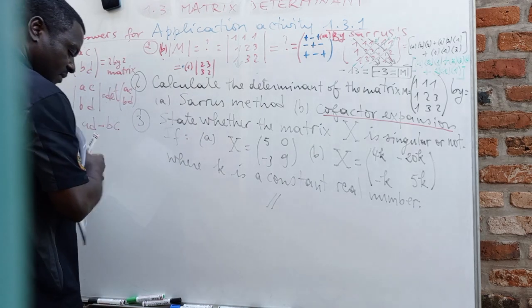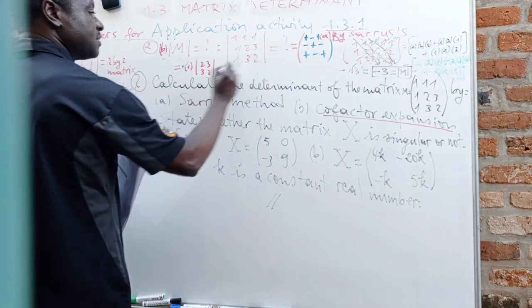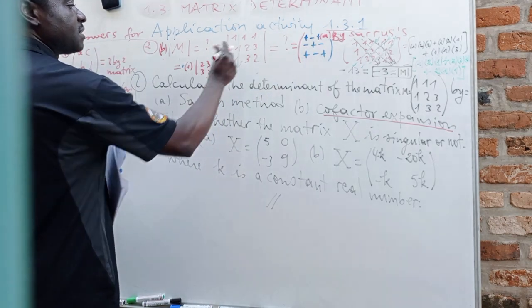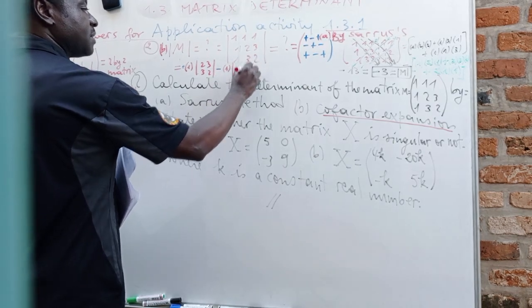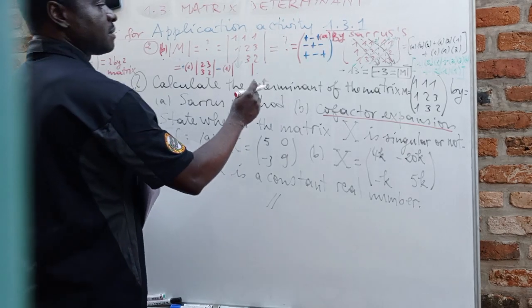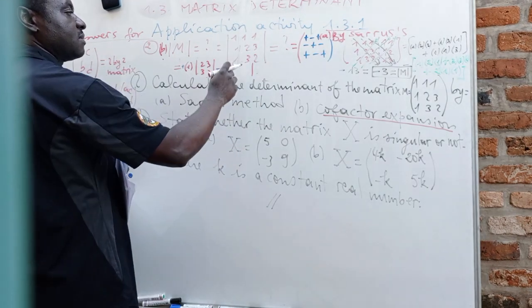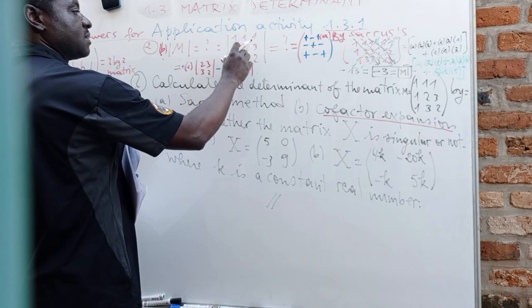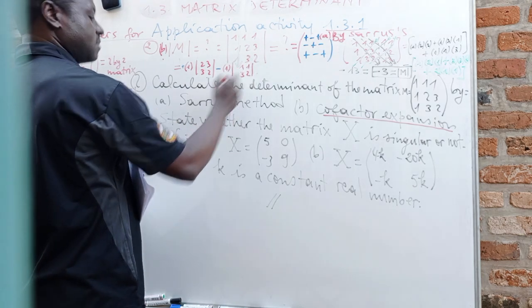Then I will have this sign minus. And then again, the coefficient there is 1. Now I multiply by the determinant, where I remove this second row and first column, and I'm left with 1, 1, 3, 2.